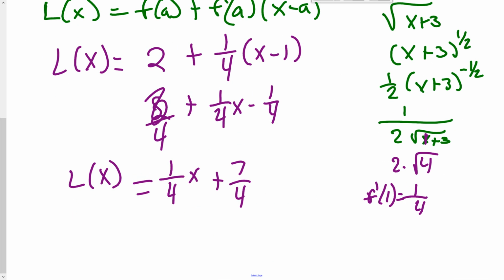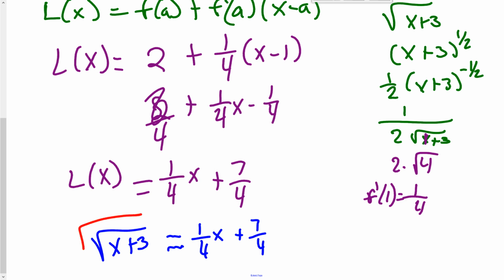So what this means is, when I plug an x into here, it's going to be really, really close, so approximately close to the same thing as plugging in square root of x plus 3. So why you do linear approximations, because this problem really might be impossible to do.